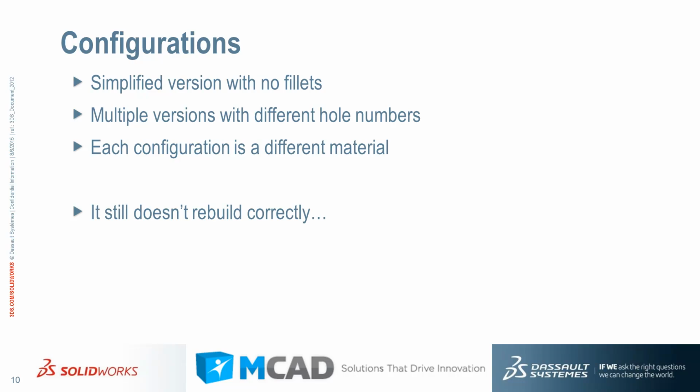We've got various configurations to control the number of holes. A few of the configurations have different materials, but the part doesn't rebuild correctly. The number of slots doesn't follow the number of holes, and that's why this part really isn't the best that it could be. I wasn't thinking about design intent and automation when I created it. It's kind of a hodgepodge of a model.